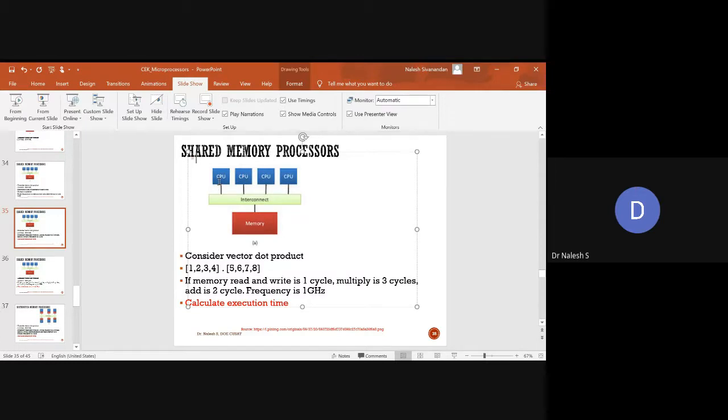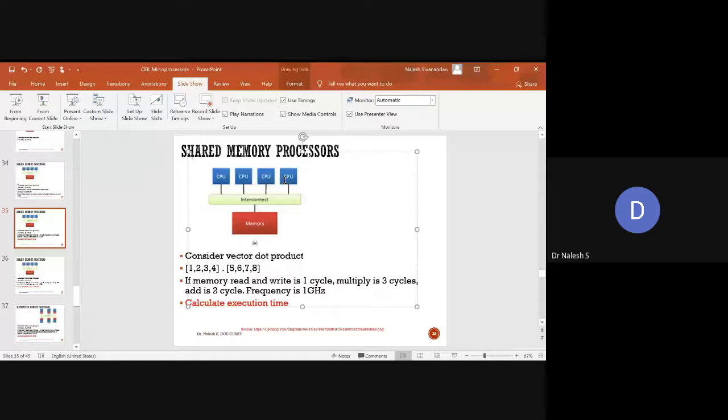Each processor has to first read a pair of data. Reading one data takes 1 cycle. Each processor has to read 2 data. Then that data has to be multiplied, and once you multiply, the result has to be written back. So all the processors have to do this, but they do this in parallel.